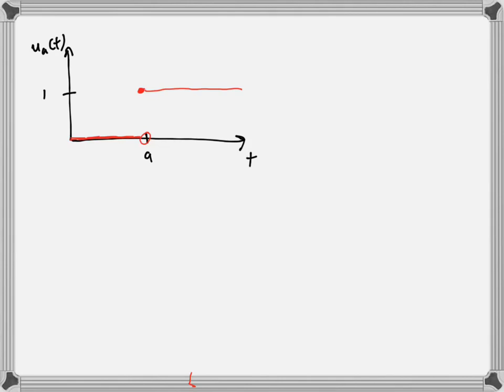And what does u_a(t) model? So you could think of u_a(t) as modeling a switch being turned on at t equals a.